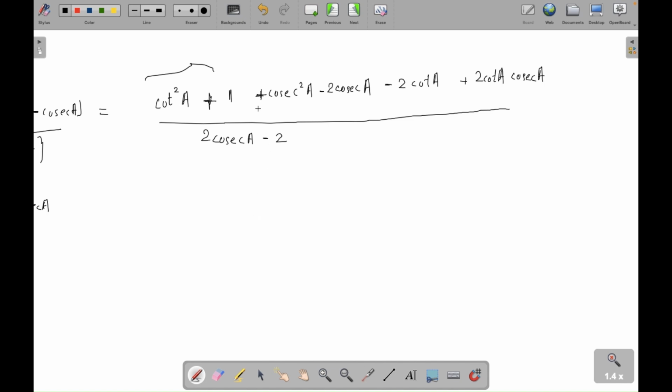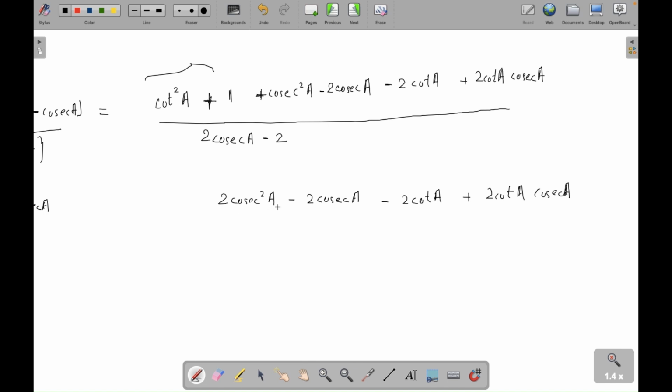So this becomes cosec square A, and cosec square A plus cosec square A becomes 2 cosec square A. So 2 cosec square A minus 2 cosec A minus 2 cot A plus 2 cot A cosec A. Now I just have to find this 2 cosec A minus 2.